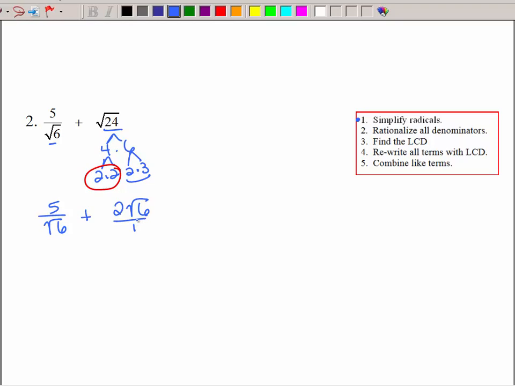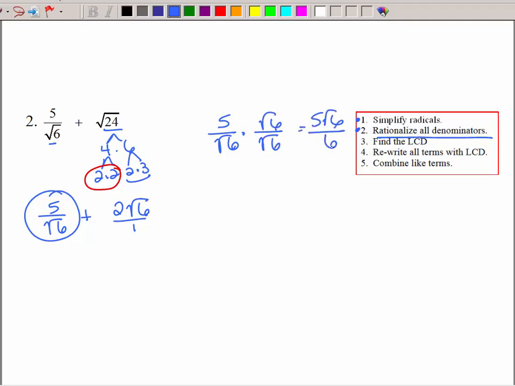I'm going to go ahead and put that over 1 since I'm working with fractions. Then I want to rationalize all the denominators, so I have to take care of that one. I'm going to come up here, 5 over the square root of 6, multiply by another square root of 6, and I have this.